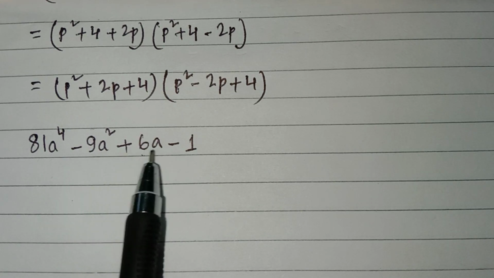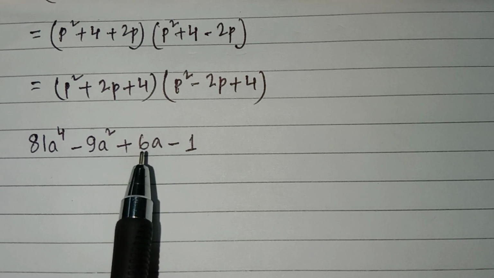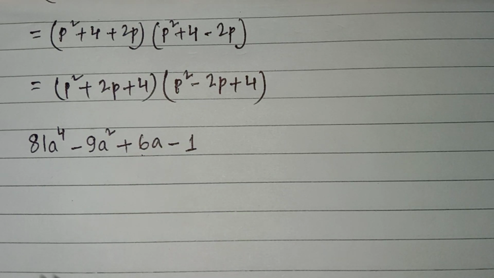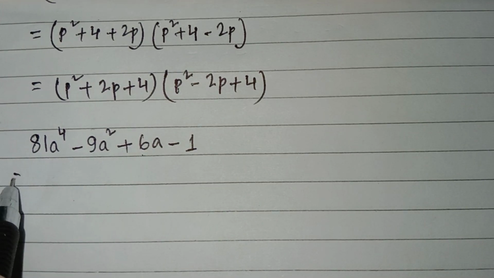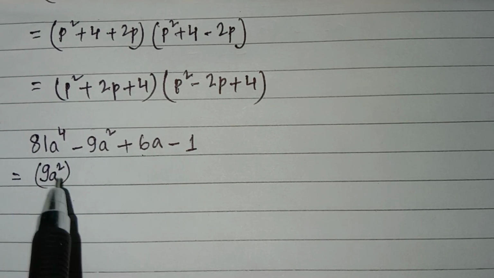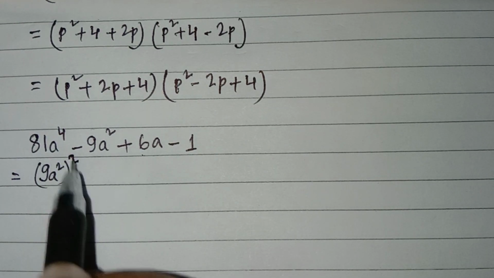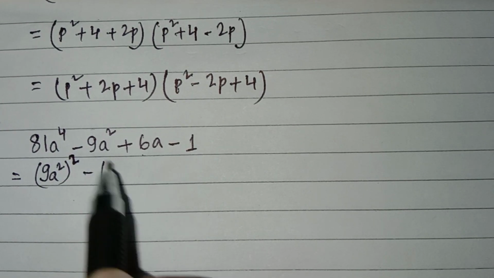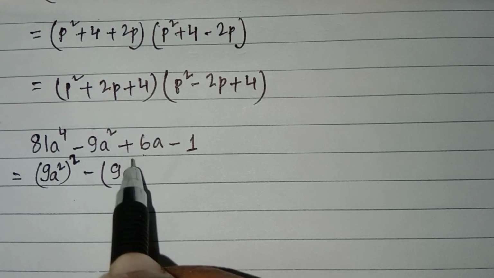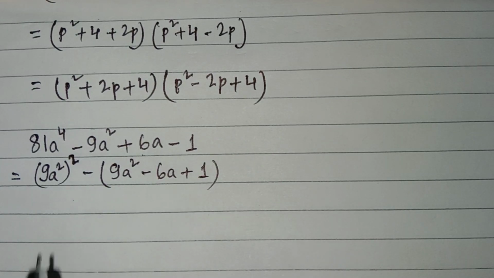So it is going to look like the difference of squares. Now let's go and delete. So this 81a power 4 can be written as 9a square whole squared minus, and this part can be written as 9a square minus 6a plus 1.